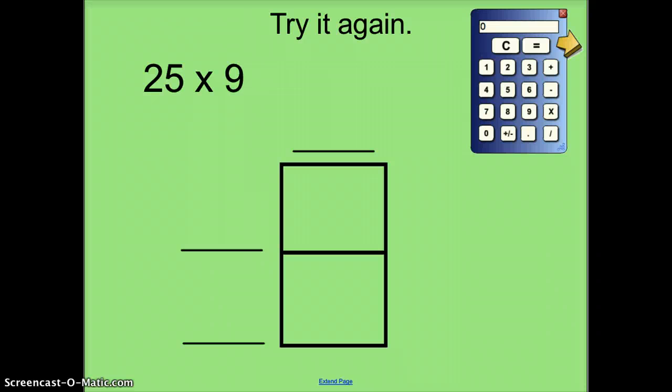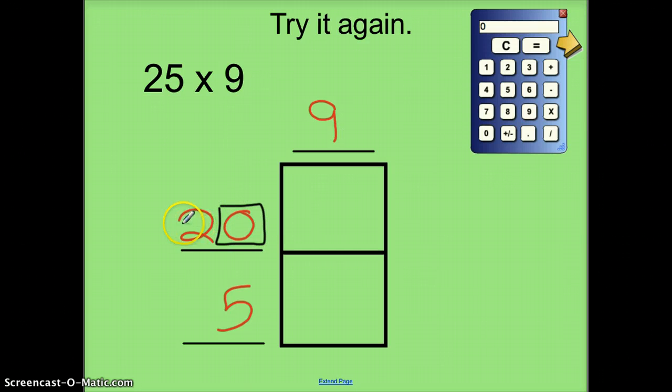All right, let's look at another one. 25 times 9. 25 has 2 place values, so I'll expand that into its place values. 20 plus 5. And my other single digit is 9. I'll make sure I pay attention to this 1 0.